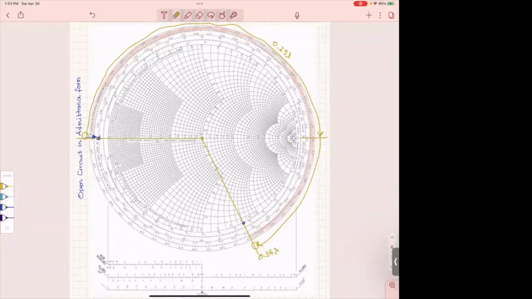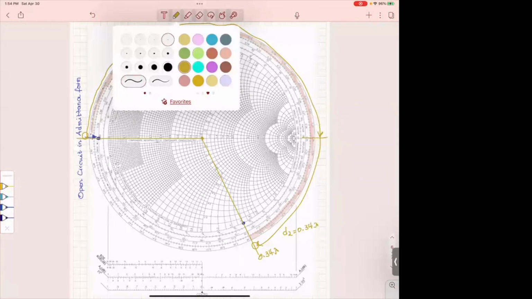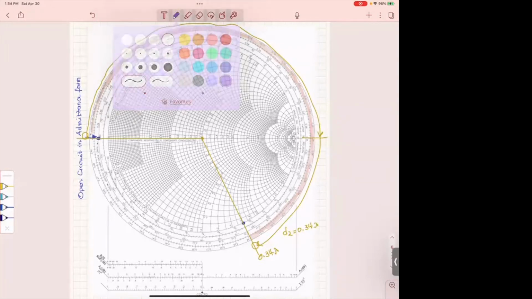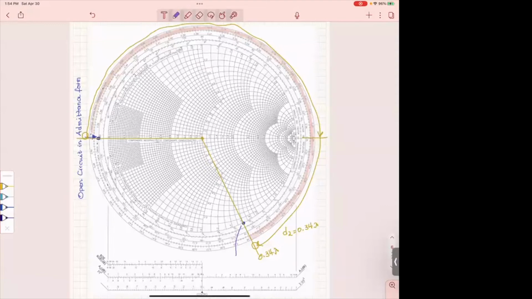And that is starting from 0, which is up here. So the length of the stub is, in fact, we don't even have to add anything. It gives us directly. So I will remove that so we don't get confused. So the length of the stub is 0.34 lambda. So that's how we find it. Okay, and then this one also, we don't forget that. This is the admittance of the stub.